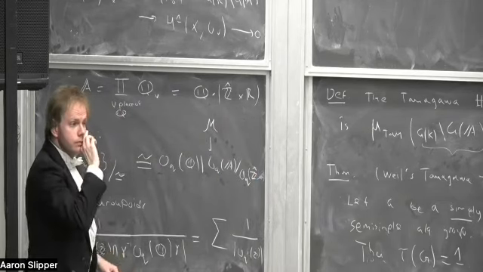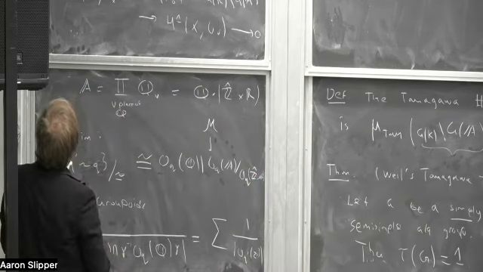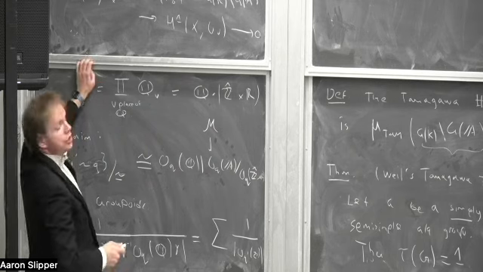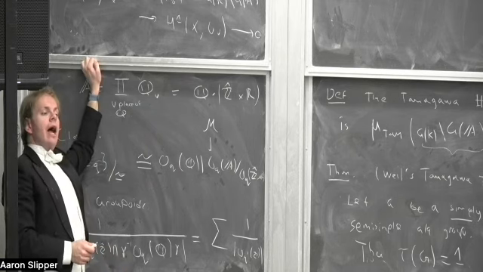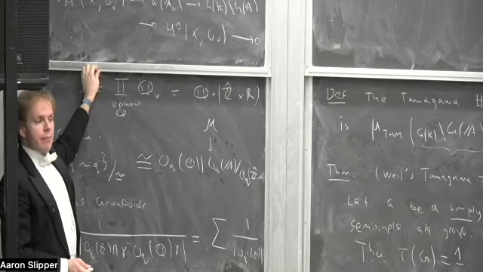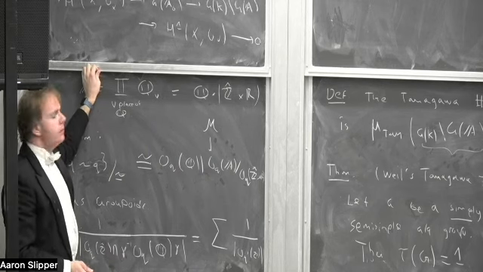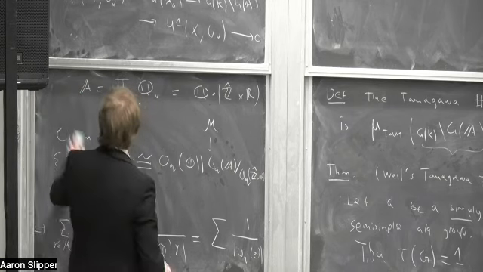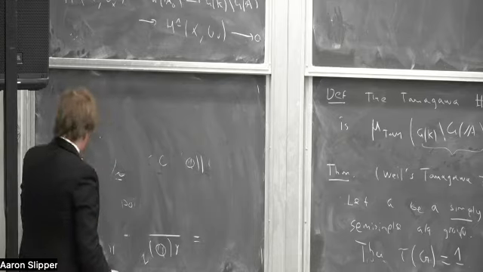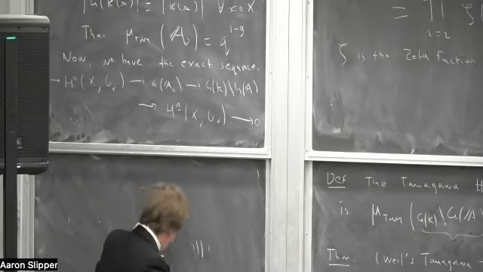Question: what is the left-hand side? It is the number of points in G(kappa_x). It's the affine line, A^1 over kappa_x, because G_a is the example of G that we're doing here. This is just a little computation to make sure it all works.